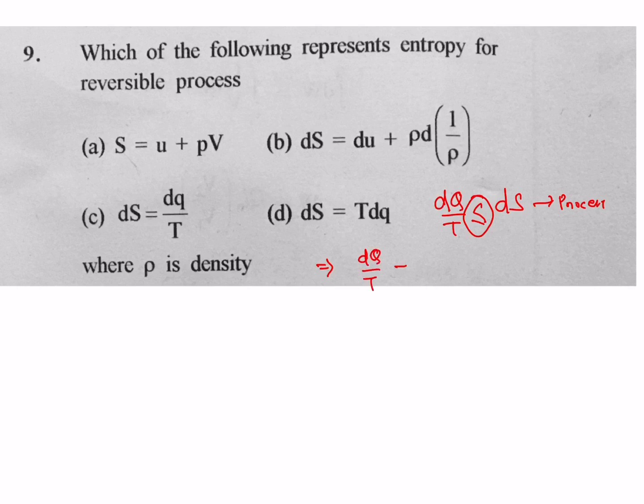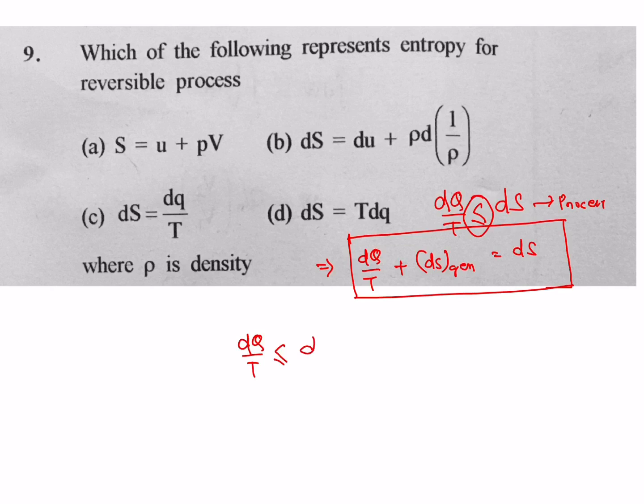So dq by T plus ds generation is equal to ds. This is your equation for entropy. And ds generated is your entropy generated in that process.